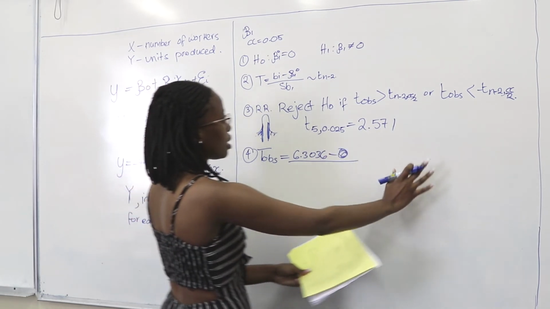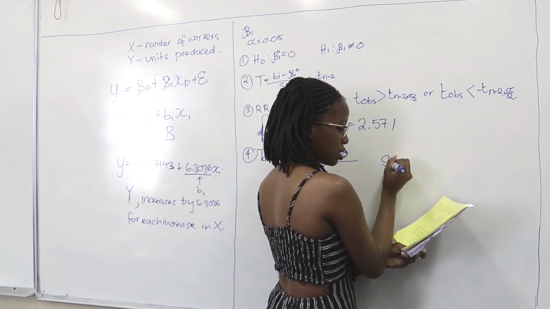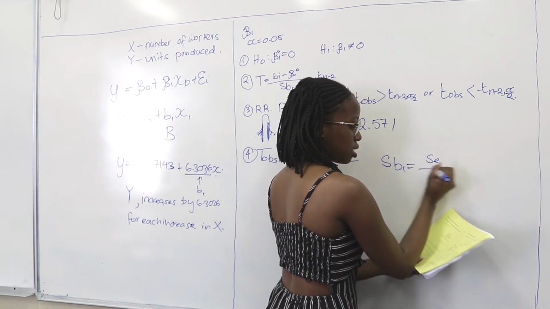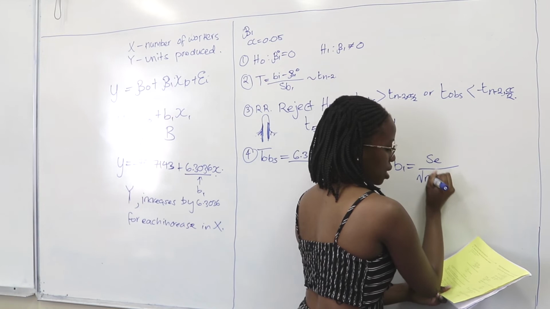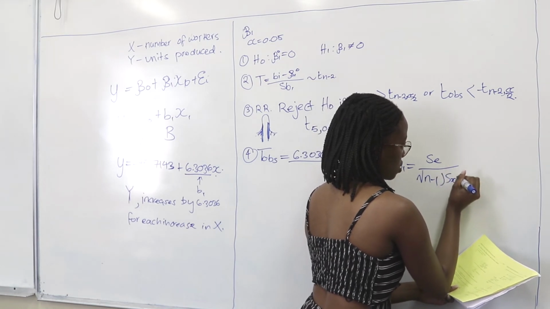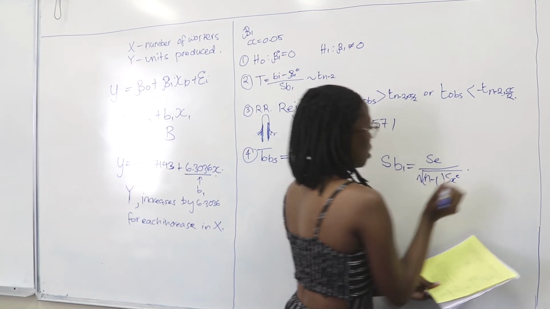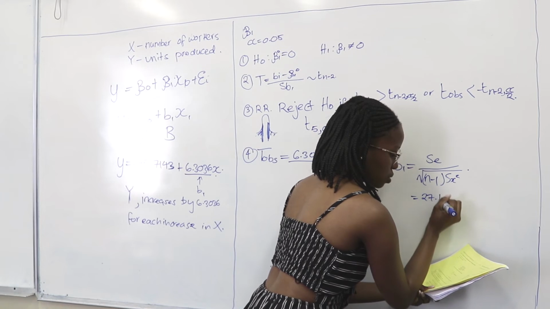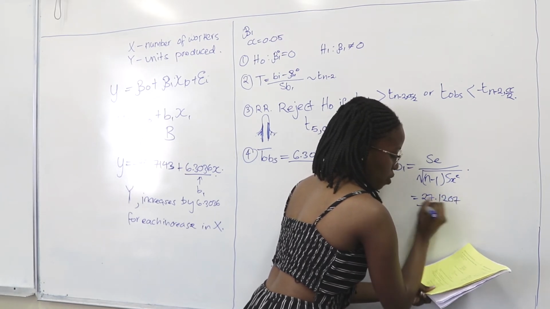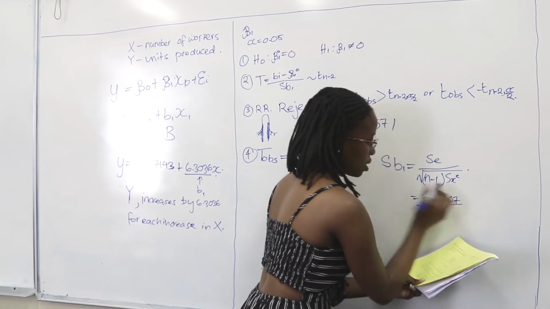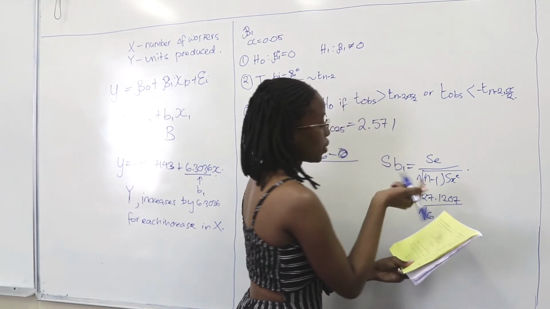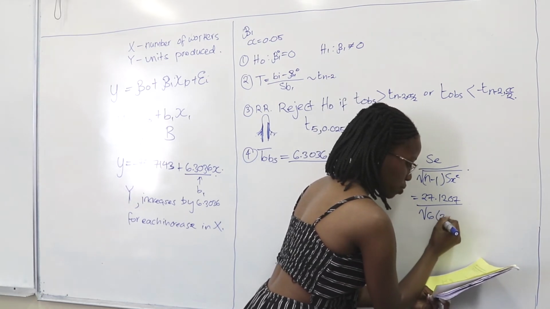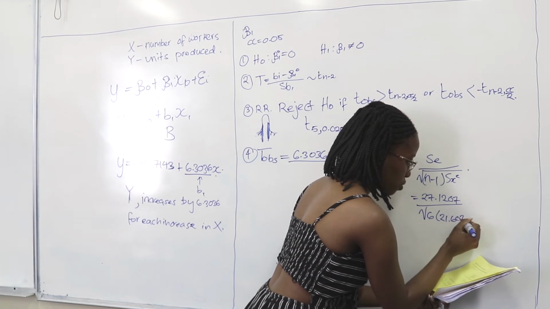We're going to come to the side here, and we're going to calculate our SB1, which is equal to SE over root n minus 1 Sx squared. So our SE was given in the question. It was 27.1207 over root n minus 1, which is 6. And then Sx squared is what we get from our calculator from option 3, which is 21.6025.